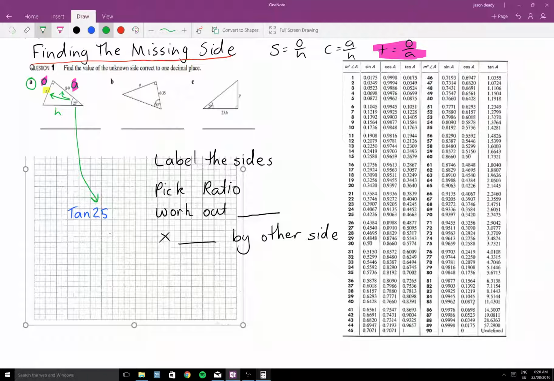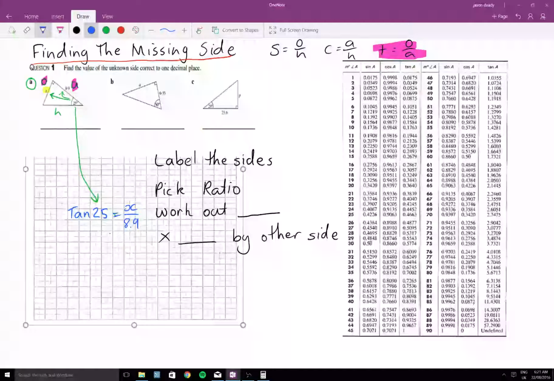Instead of writing tan theta, I write tan 25 because I want the tan of the angle 25, equals x over my 8.9, which is my adjacent. My opposite was x, that goes where the opposite goes. My adjacent was 8.9, that went where the adjacent goes.